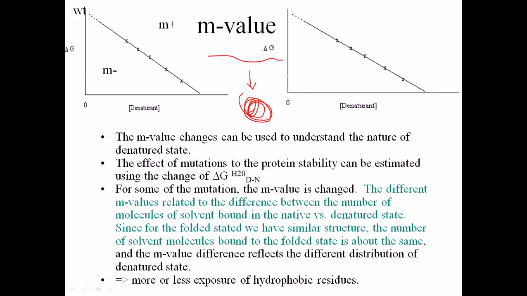But the answer is no. We find that the interaction of solvent molecules is the same in the primary, unfolded state and in the folded state of the protein. Suppose the folded state interacts with 200 water molecules in its environment. If we give the same environment and unfold the protein, this unfolded state is again going to interact with 200 water molecules.